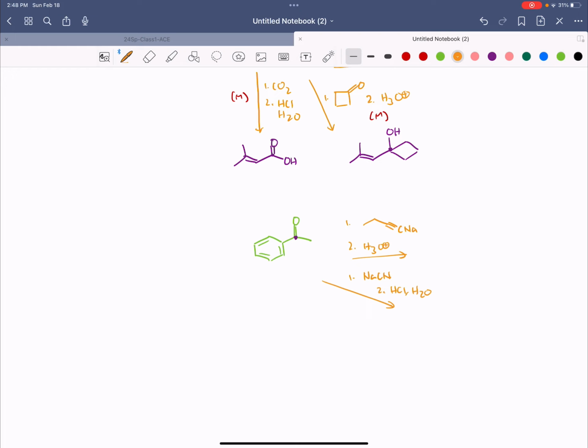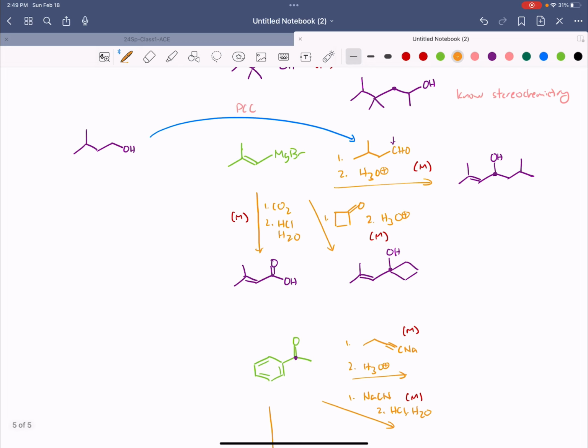Next is the Wittig. Oh, by the way, mechanism again. And the Wittig also, you need to know the mechanism. It's just one reagent, the Wittig reagent, with the aldehyde or ketone. And so what has just happened here?